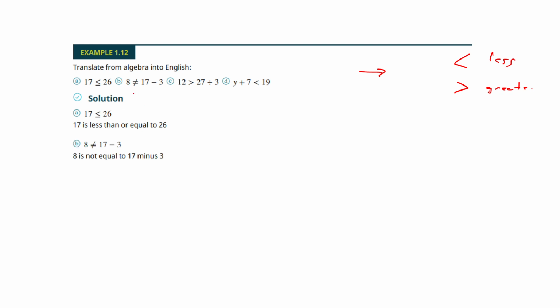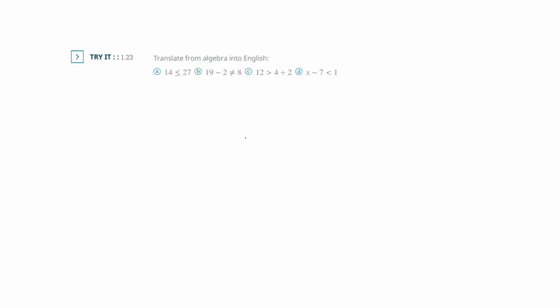B, here we've got 8 is not equal to 17 minus 3. We're just going one word at a time as we work from left to right. So I've got 12 is greater than, as we go from left to right, greater than 27 divided by 3. And then y plus 7 is less than, we're going left to right, 19. Okay, so we're going left to right.